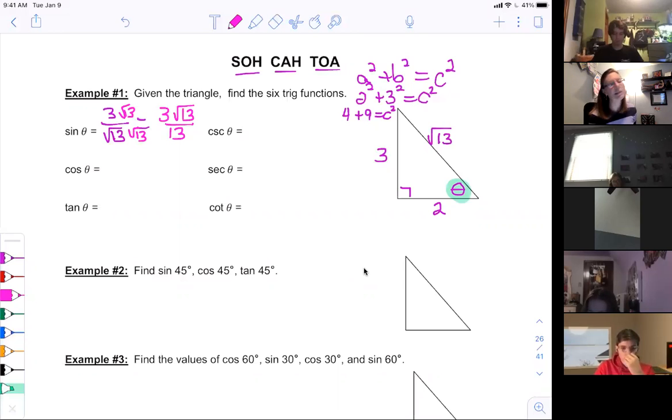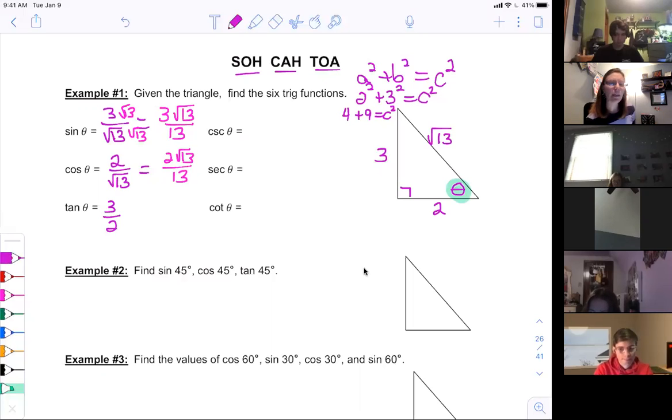So it doesn't seem like a nice happy number, but that would be the sine of an angle. Doing the same thing with cosine. Cosine is the adjacent over the hypotenuse. Again, if you rationalize that, you end up with 2 root 13 over 13. And then the tangent is opposite over adjacent. So that one's really easy to find.